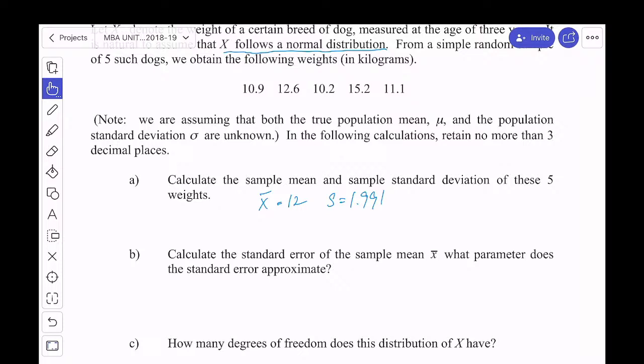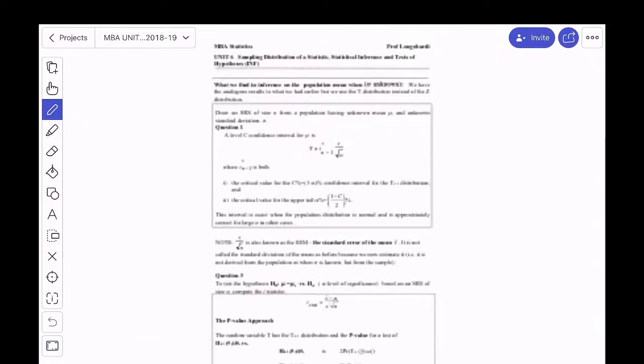So now calculate the standard error of the sample mean. Well, we know that X bar has a mean of the true mean. Let's go back here.